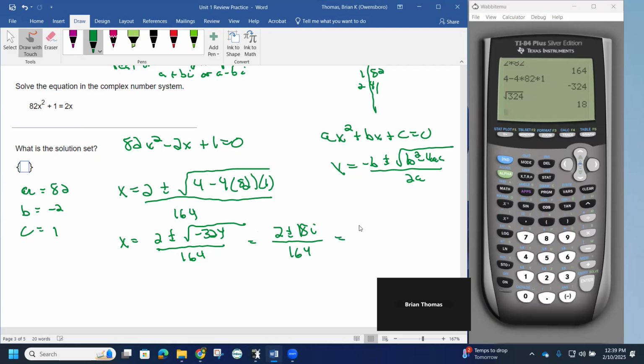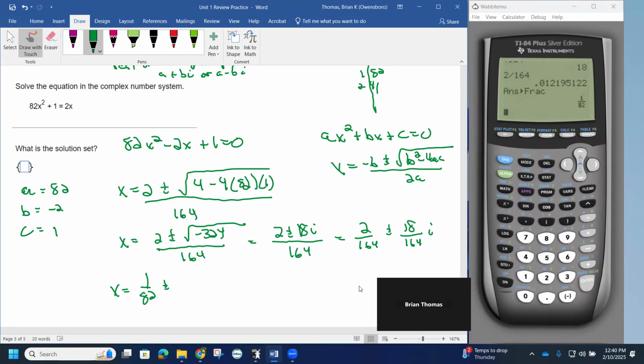Now to simplify this, we can separate it as two fractions: 2 over 164 plus or minus 18i over 164. So all I really have to do now is simplify the fractions. 2 divided by 164, hit the math button, change that to a fraction. So that's 1 over 82. So x is going to equal 1 over 82 plus or minus.